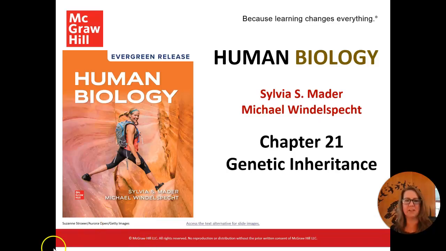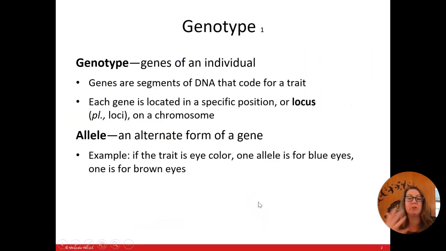We are going to build on what you know about chromosomes and genes, and we're going to move right into some terminology. So a genotype is essentially a characterization of the genes that you have. Your genotype is really referring to the exact variants or alleles that you have at your gene.